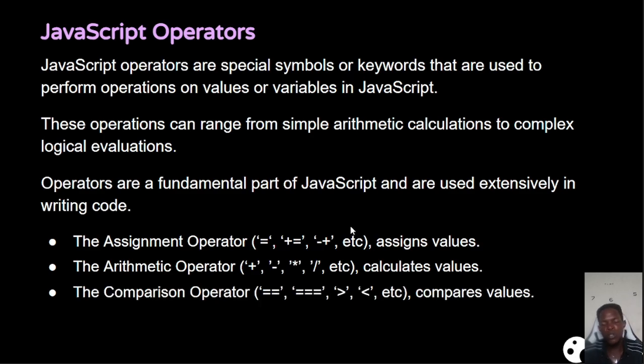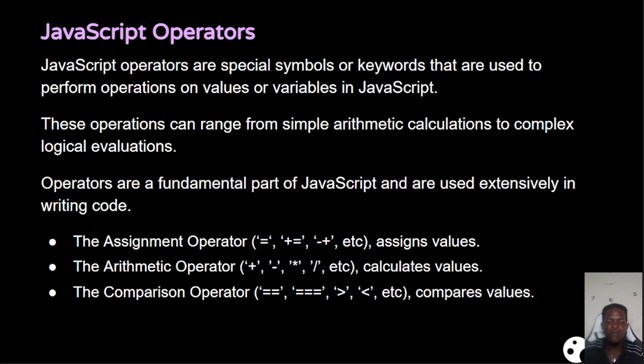Comparison, as the word connotes, compares values. Is this equal to this? In programming language, when you talk about equal to, this is what you're referring to. Double equal sign just checks: is 5 equal to 5? Triple equal sign checks for both the data type and the value. Don't worry, we'll come to that.